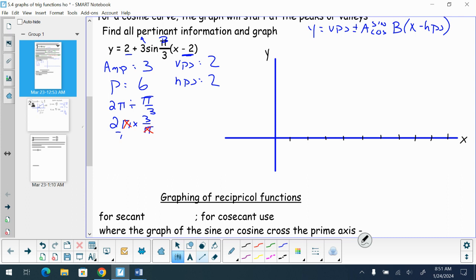So we can count out by ones. The vertical phase shift and the amplitude will tell us what we have to count upwards. Once again, we can count by ones.